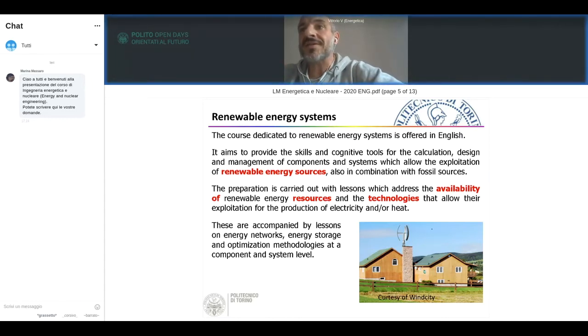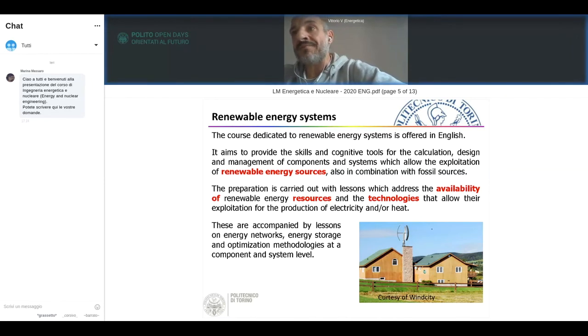In this case, the analysis of the subjects will be focused on renewable energy, and particularly we want to deepen your skills and your tools, your background related with calculation, design, and management, both at component or system level, related with renewable energy sources, also in possible combination with more traditional resources.